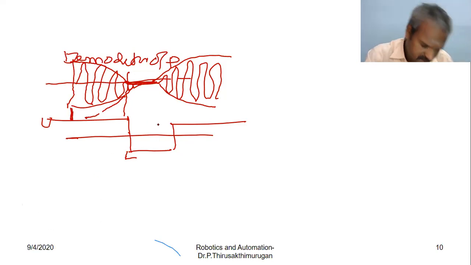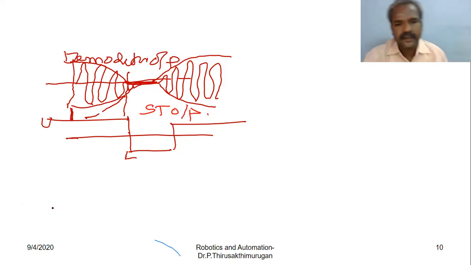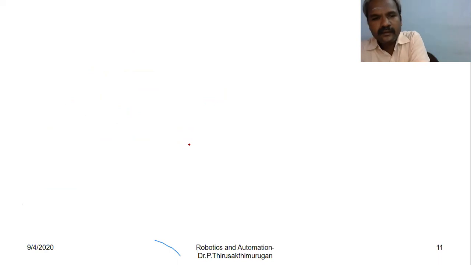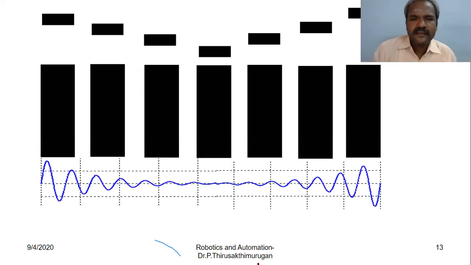So this is the Schmitt trigger output. This is a simple representation of the sensor gate.